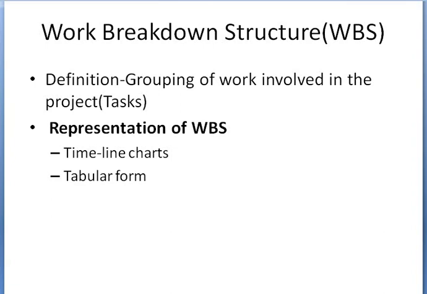The tool then generates a variety of timeline charts as well as other tables. So there are two kinds of representation of work breakdown structure: timeline charts, and another is tabular form, in table form.